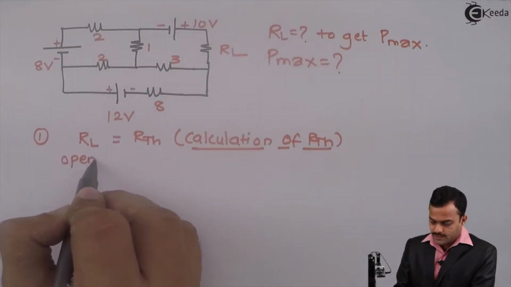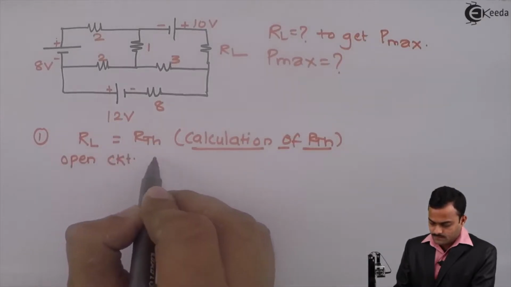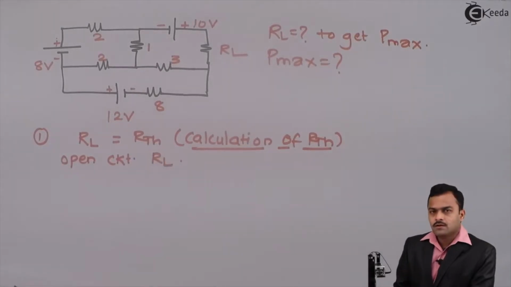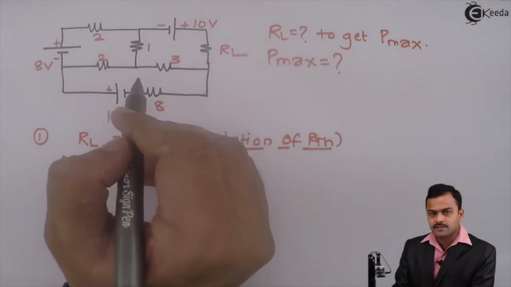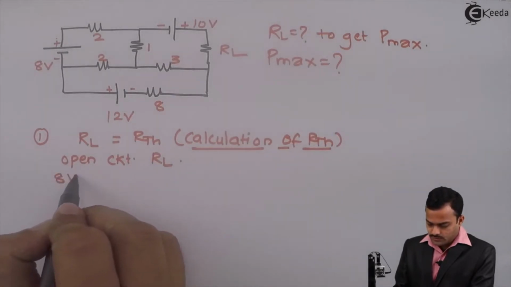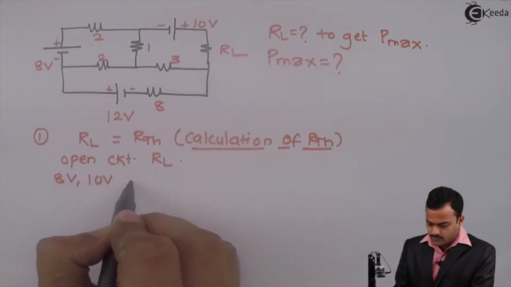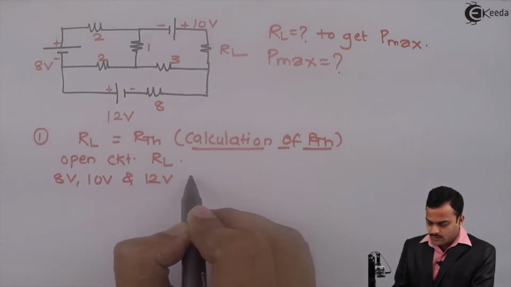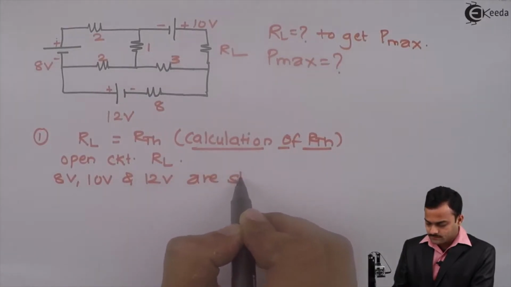We need to open circuit RL, and all the voltage sources given here we need to replace with their internal resistances, which is nothing but 0. That implies all the voltage sources, that is 8 volt, 10 volt and 12 volt, are short circuited.